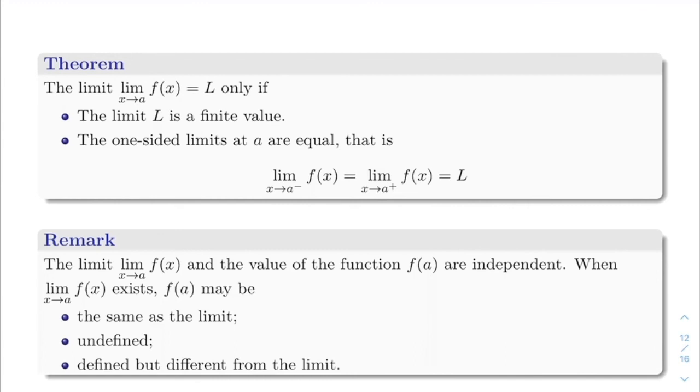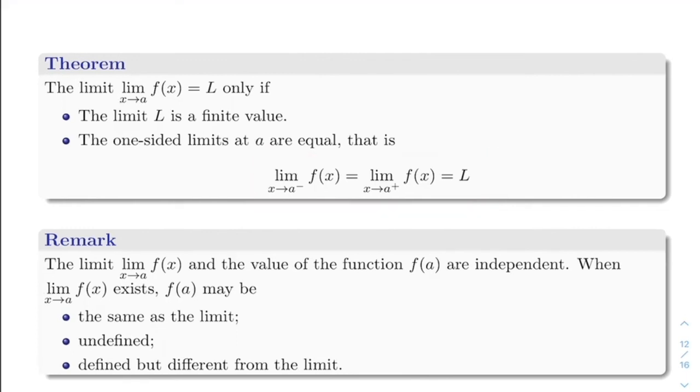And the other condition, which is the most important one, is that the one-sided limits, so that means the limit from the left and from the right, have to be equal. So this is what is written here. The limit from the left and from the right are both equal to L.